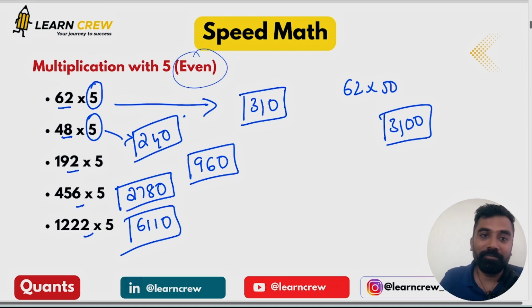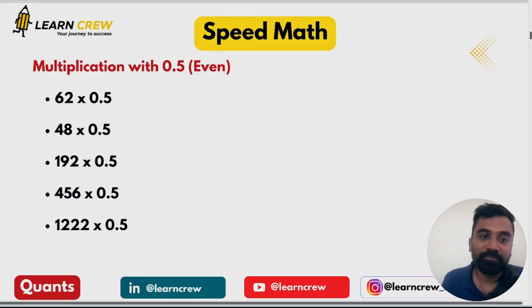Now, if it is with 0.5, then what will happen, sir? Nothing. Same. What is half of 62? Half of 62 is 31. Instead of adding a 0, for 5 you would have done it, you would add a decimal to it.